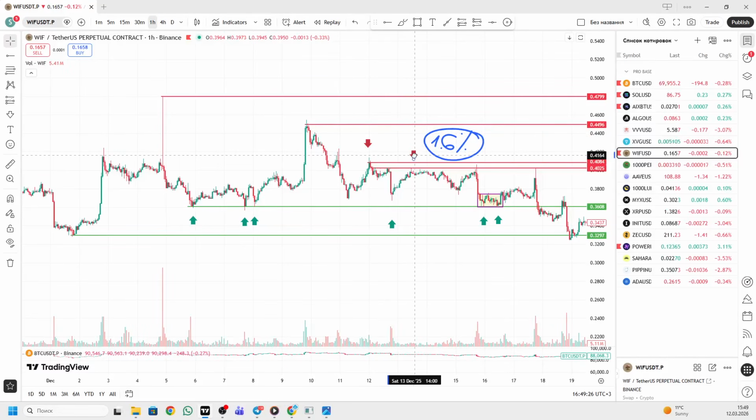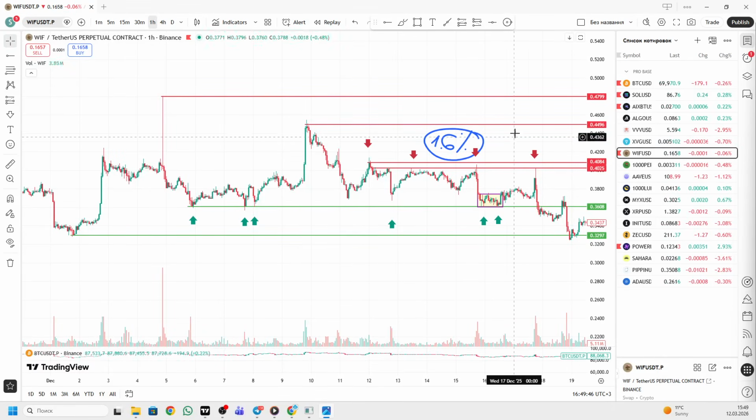We have it here also. We have it here. And we also have it here. Okay. We have multiple touches below as support and as resistance on the top, above.